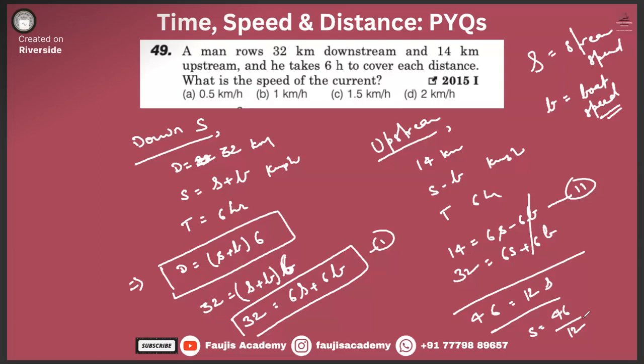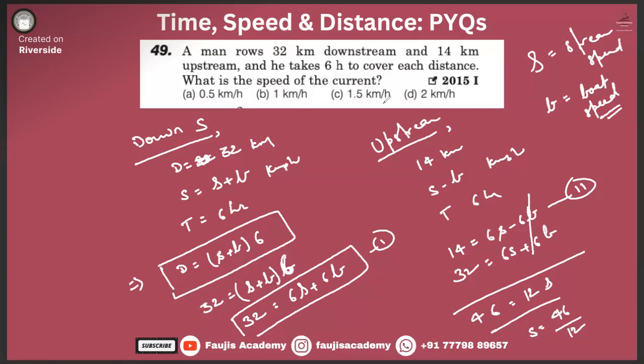Plus minus minus, 12S is equal to 46. Where are we making the mistake over here? You found the speed of the boat. S is not the stream, because we are reducing it, no. We need to find B basically, right?